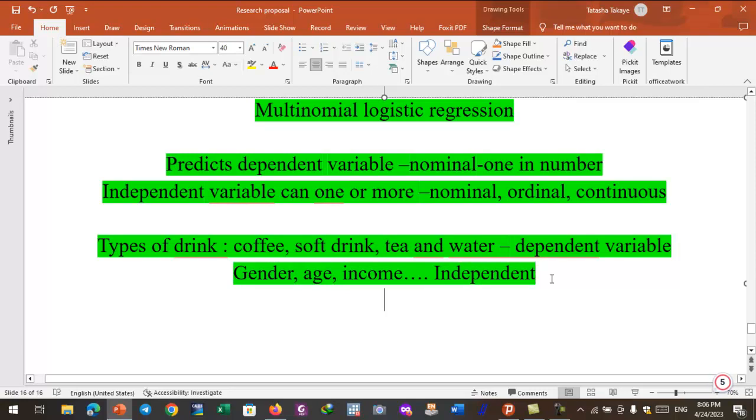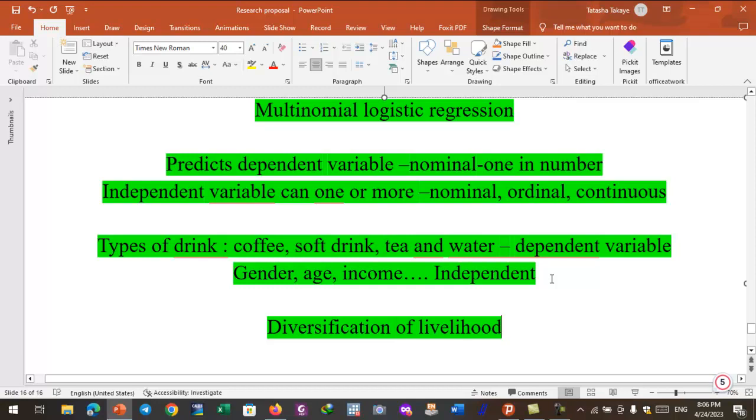For example, diversification of livelihood.